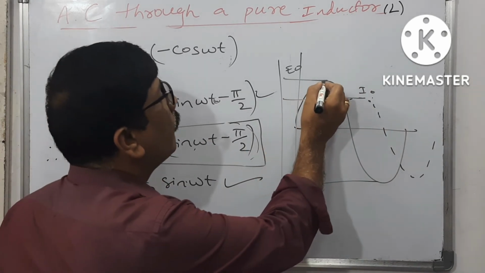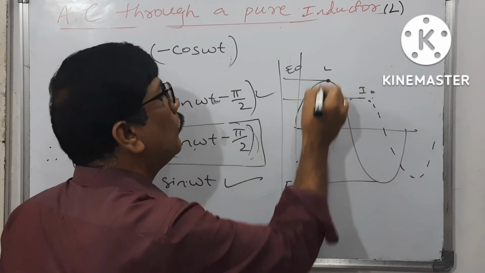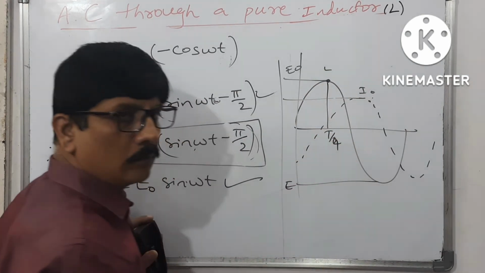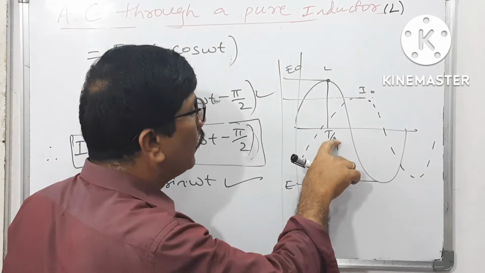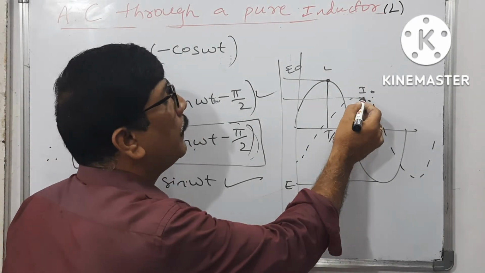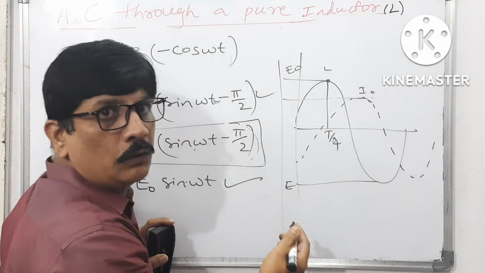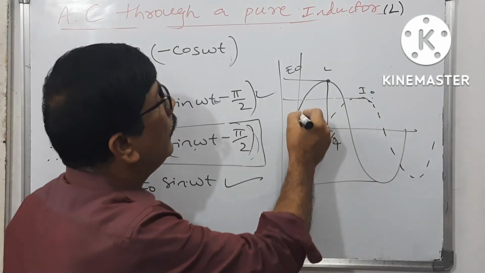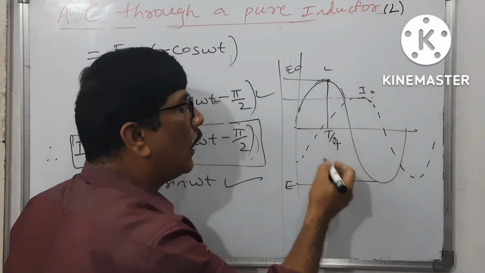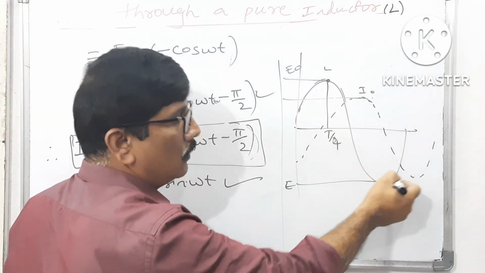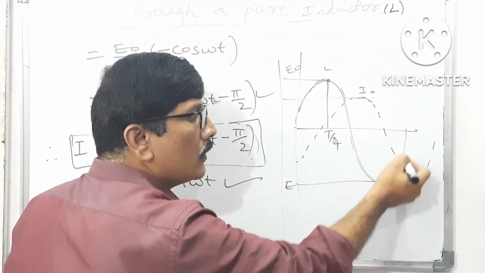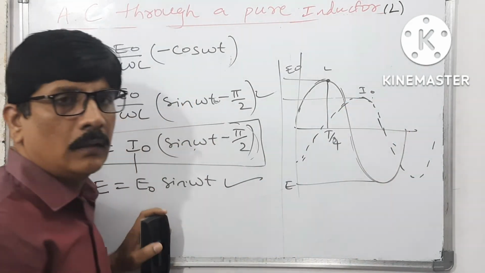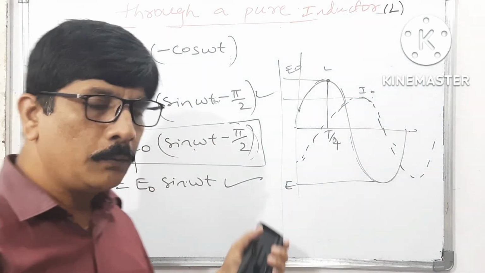When the electromotive force is at its maximum value, after T by 4 seconds or a quarter of the time period, that is 90 degrees later, you get the peak value of the current. So the solid line indicates the sine wave of the electromotive force, and the dotted line indicates the current. I hope you understood this.